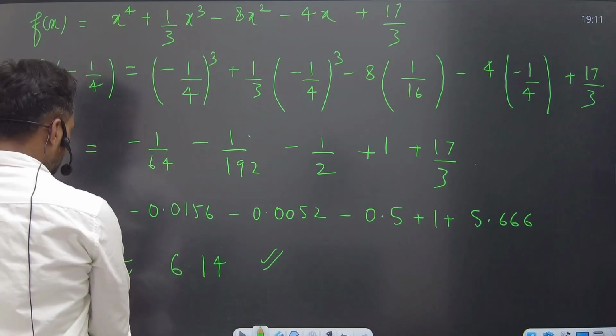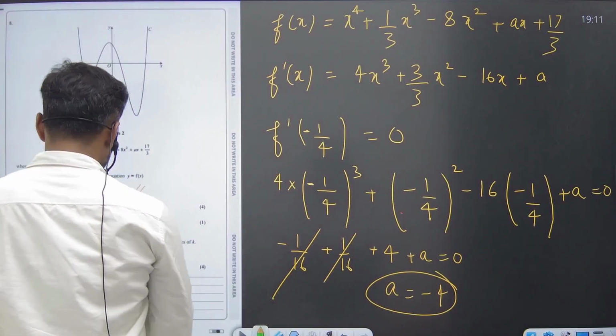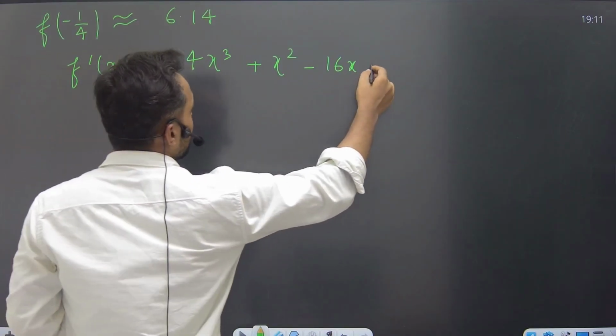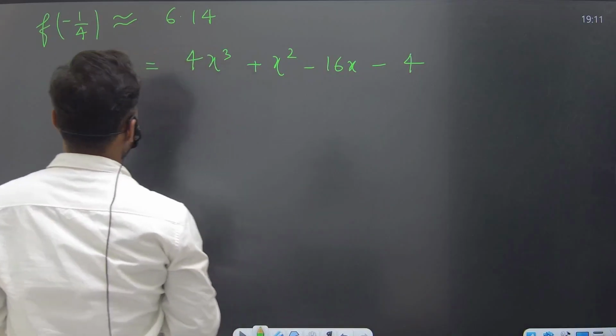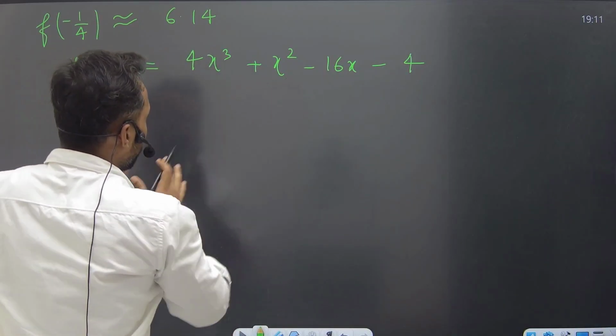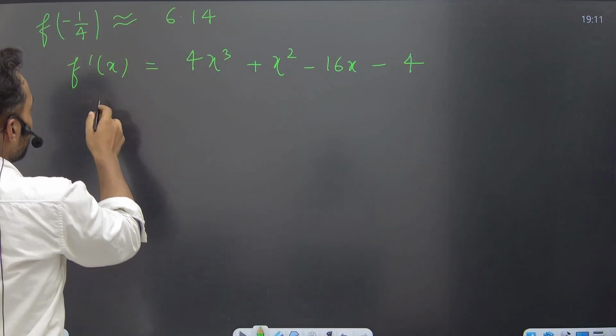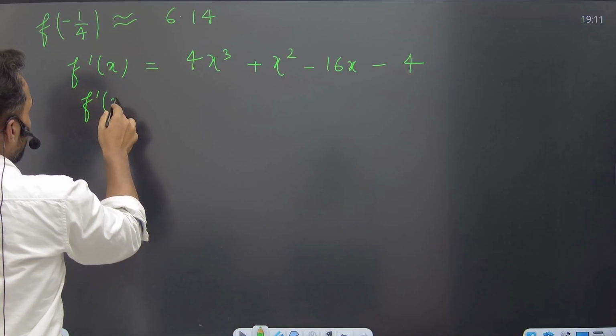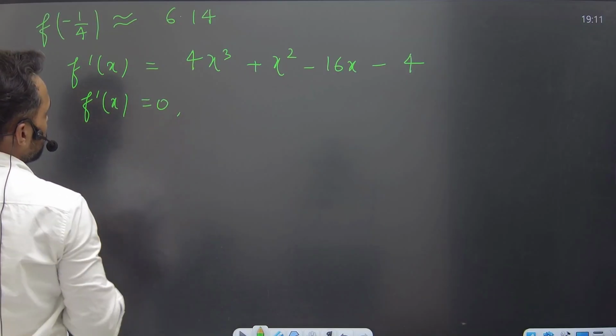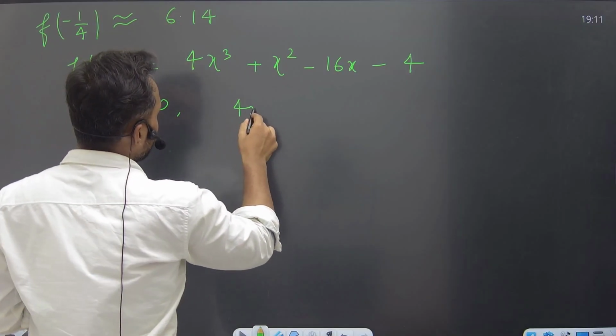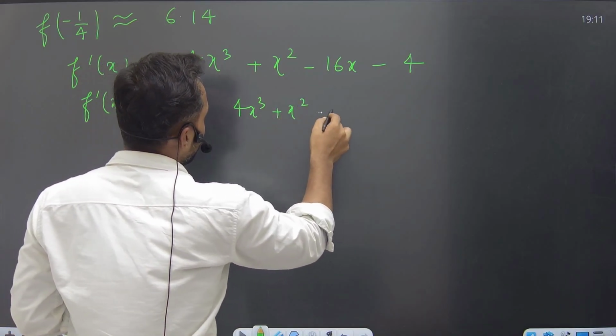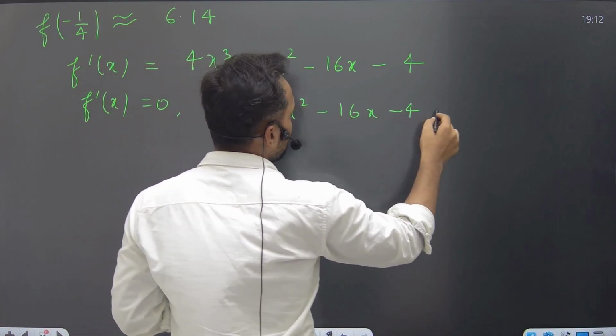In place of a, we need to write negative 4. So this was our f prime x. If we equate it to 0 to find the critical points, f prime x equals 0, so what we will get: 4x cube plus x square negative 16x negative 4 equals 0.